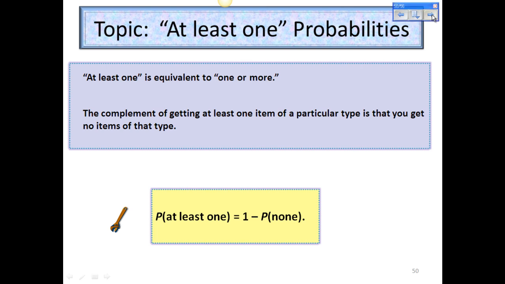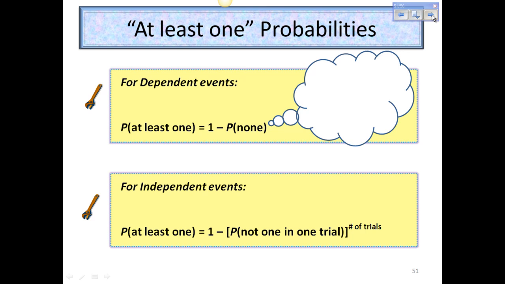So we actually have two different formulas here, set up in case it's dependent or independent. Now, if we have dependent events, we're going to take 1 minus the probability of none, and when you're finding the probability of none, your numerator and denominator will decrease by 1 for each trial.